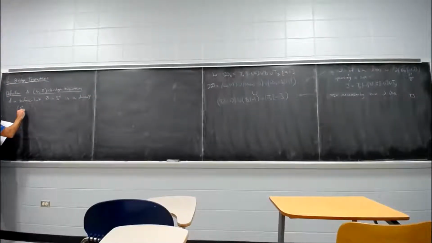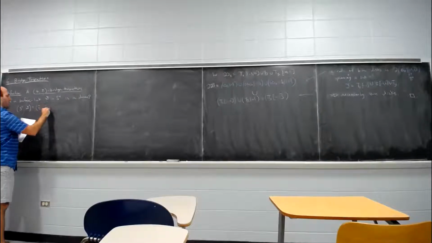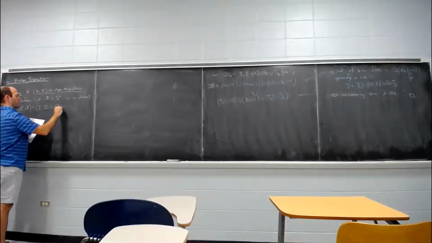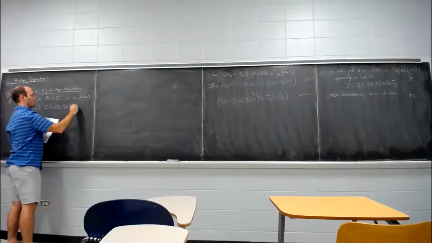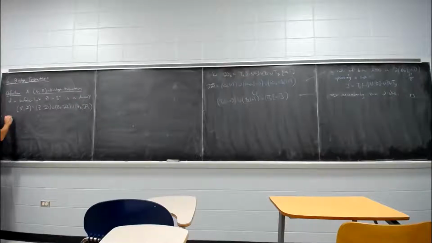We write S^4 as the union of three pieces, Z1 D1, union Z2 D2, union Z3 D3, such that a couple of conditions hold.